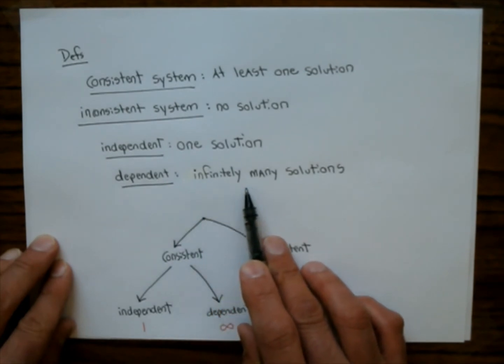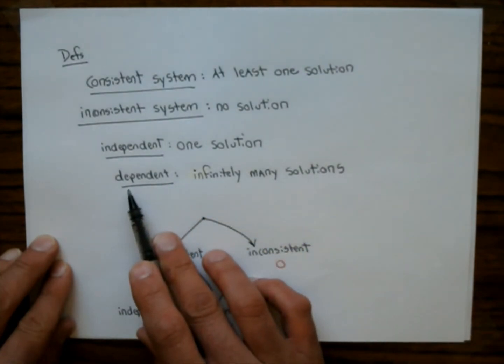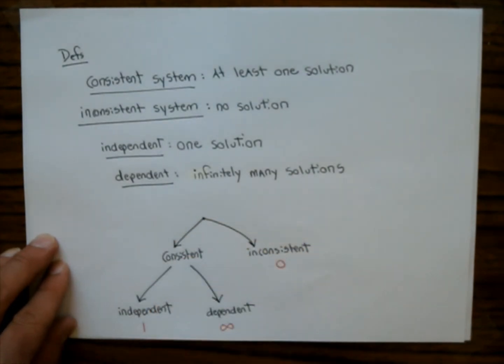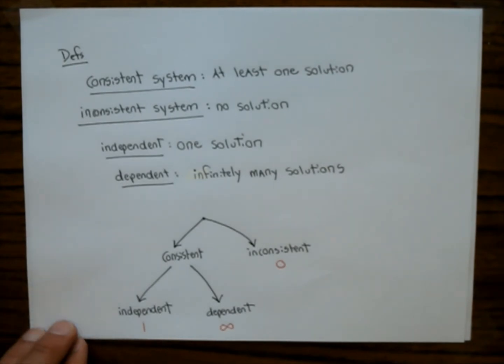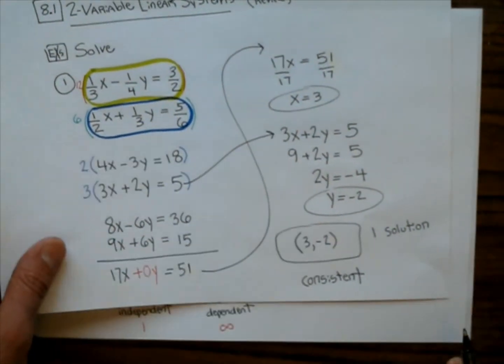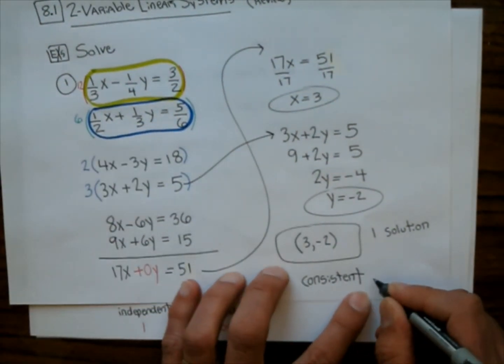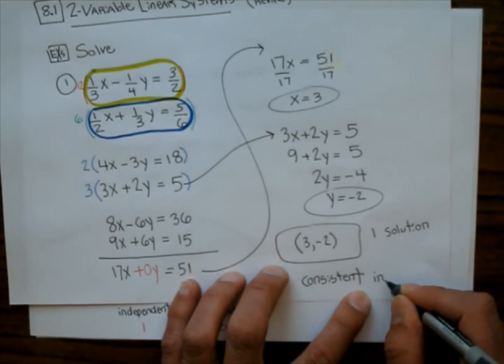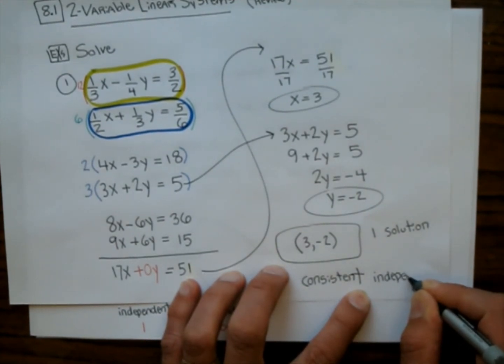If you have infinitely many solutions, it's called dependent. So these are some linear algebra terms. They'll make much more sense if you do reach linear algebra. Our example was independent because we had one solution, so we would classify this as consistent independent.